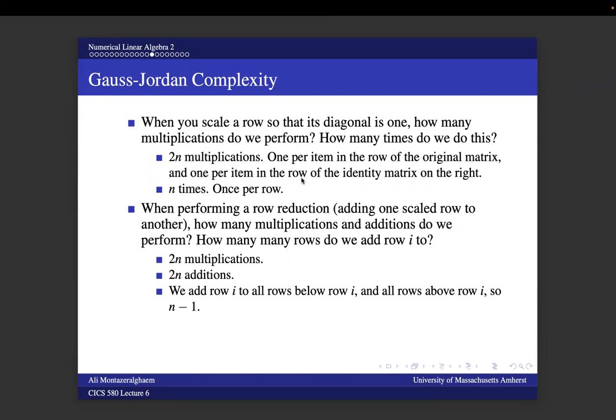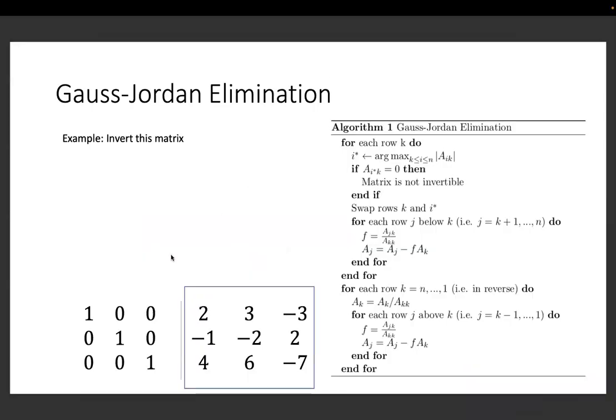So for each row, we need to scale the row, so we need to do that 2 times n, right? Because if we consider that n is 3, for example, we have another identity matrix here.